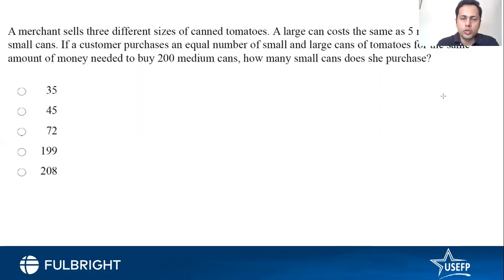So this question is an example of how you have to convert everything that you read into an equation. The merchant sells 3 different types of canned tomatoes. One large can costs as much as 5 medium cans.